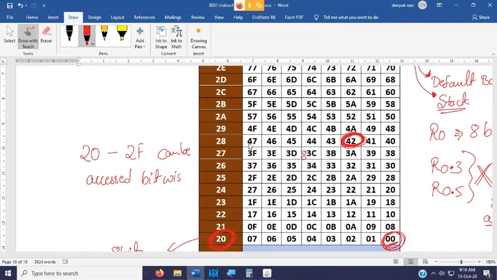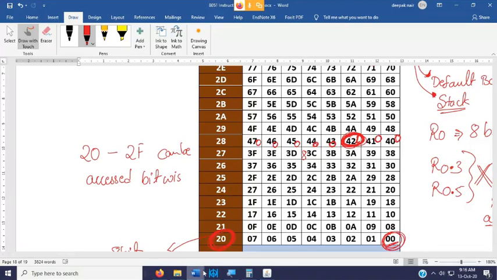So if I make this number 0000 and then 0 1 0 0, now if you read this number, 0000 is 0, 0100 becomes 4.